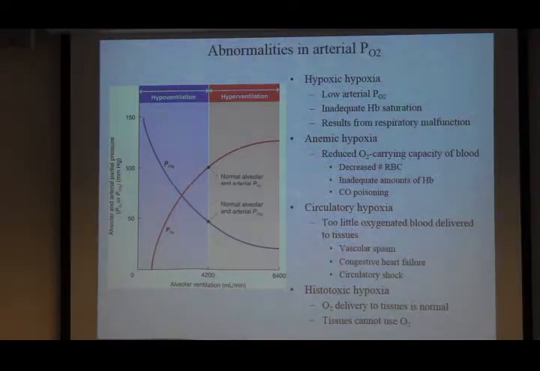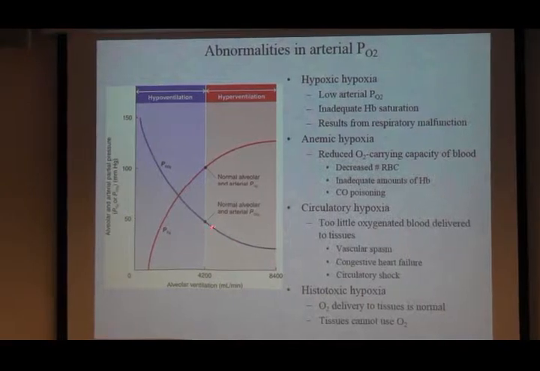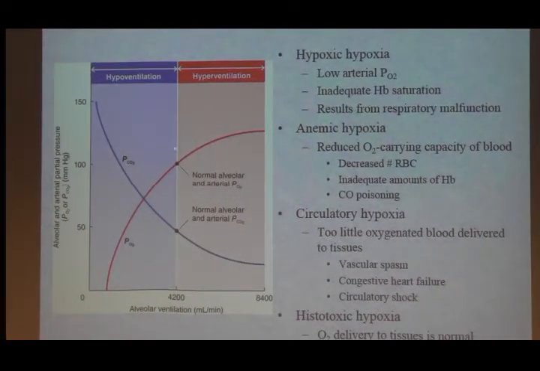This graph shows you that normal alveolar ventilation occurs when the PO2 is about 100 millimeters of mercury and the PCO2 is about 46 millimeters of mercury. So with those partial pressures for the two gases, you have normal alveolar ventilation of 4,200 mLs per minute. This is alveolar ventilation, not pulmonary ventilation.